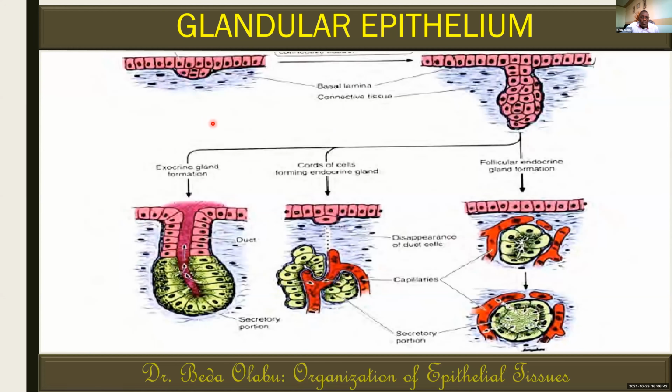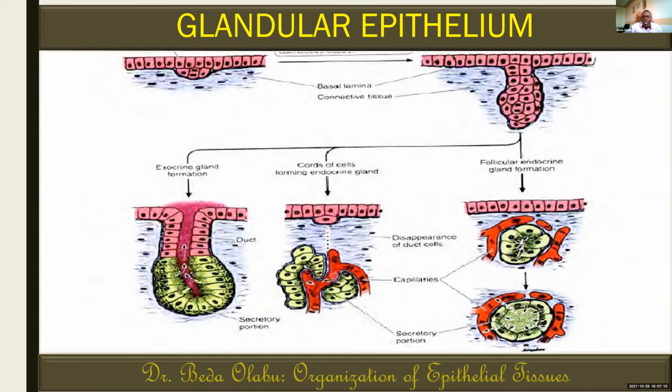So in terms of embryology, this is how glands usually develop. They arise from the epithelial lining, whether it's endodermal or ectodermal or mesodermal, as a down growth. And for the endocrine glands, they detach from the epithelial surface, and then they become surrounded by blood vessels.